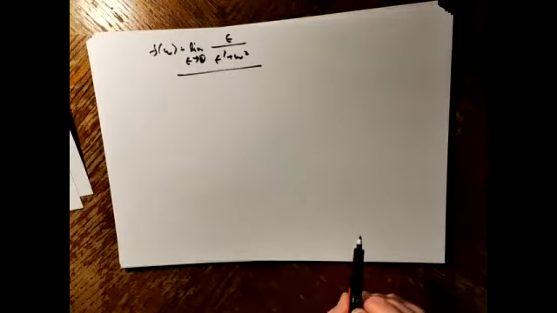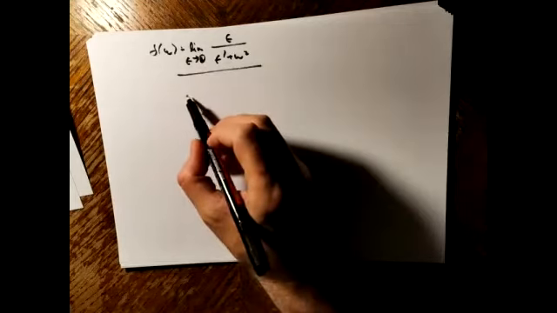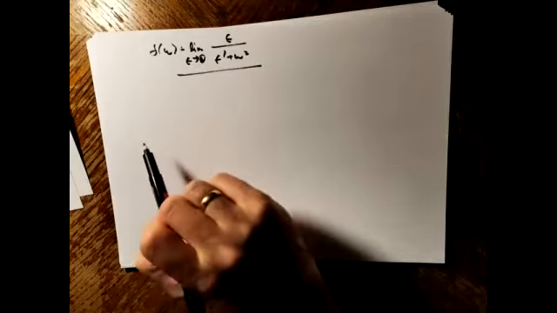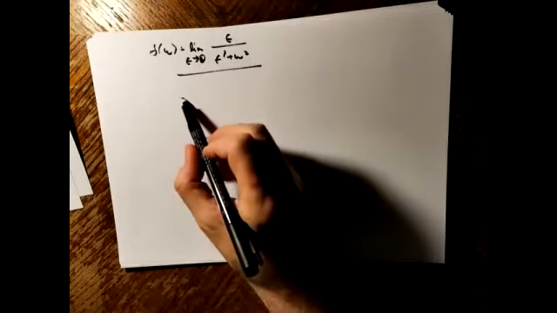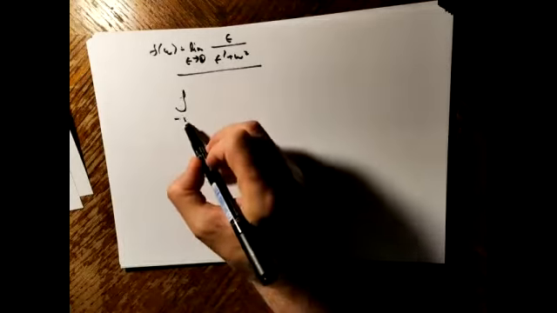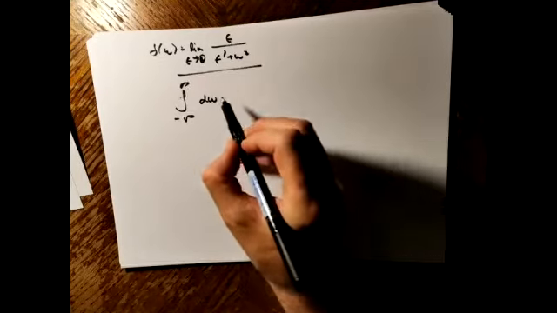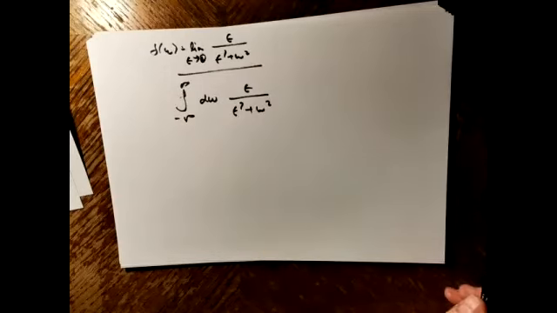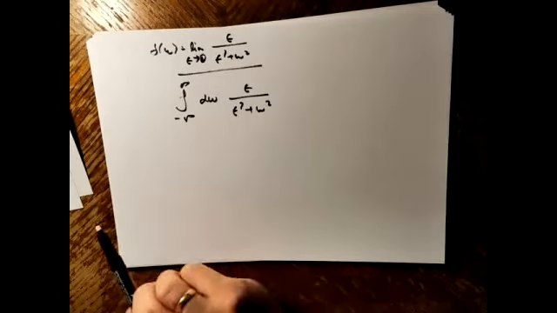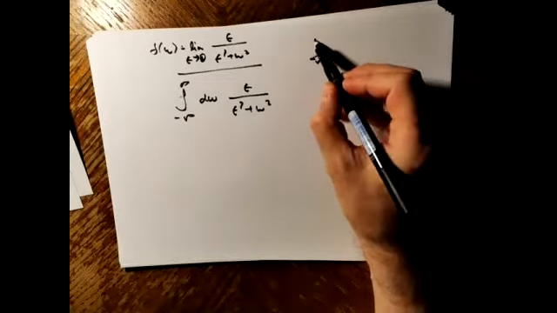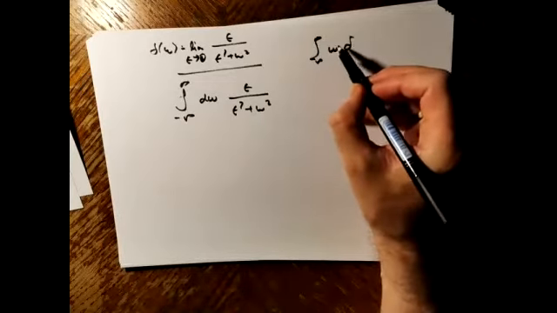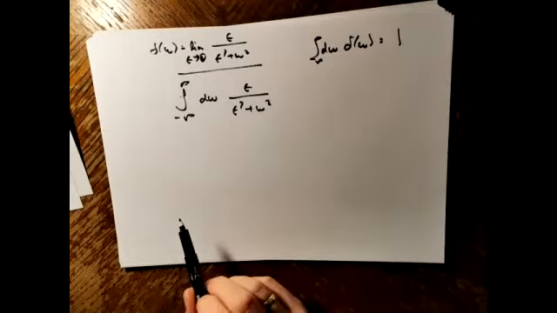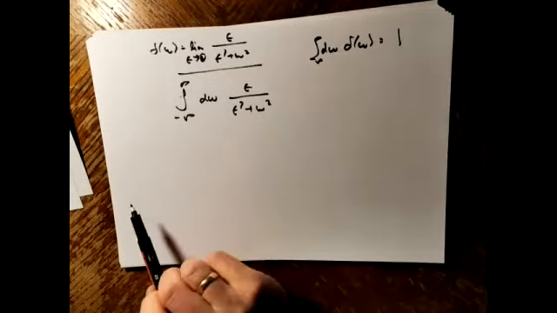What I'm going to do is investigate whether this is a delta function or not by integrating from minus infinity to plus infinity d omega epsilon over epsilon squared plus omega squared. I'm interested in this integral because I know that the integral from minus infinity to plus infinity d omega delta omega just gives me 1. So what does this give me if I do this integral?